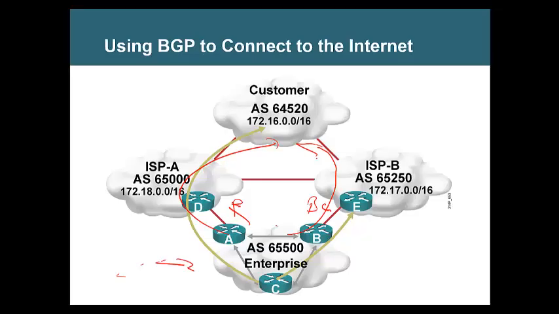BGP, Border Gateway Protocol. Because only in the borders will you have some policy-based path to be selected. Only in the borders, if you try crossing the borders of your country, there they will ask you for a visa and all.